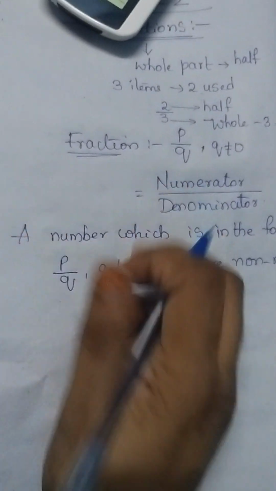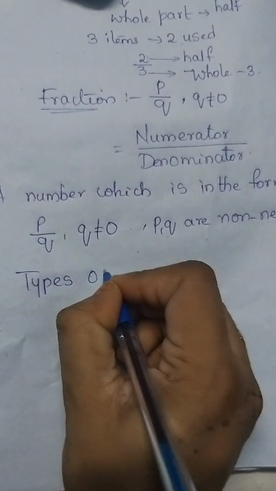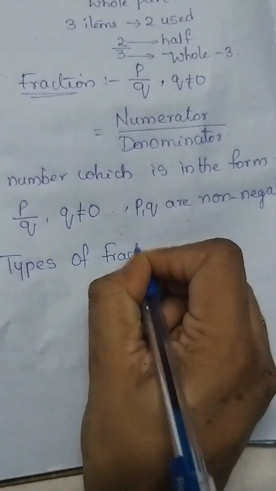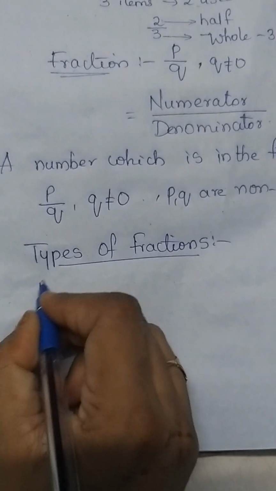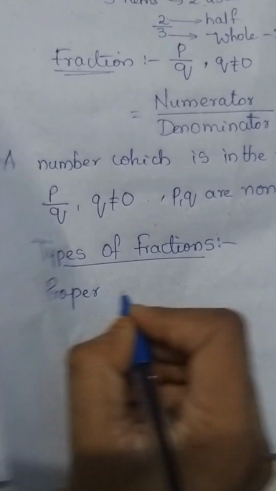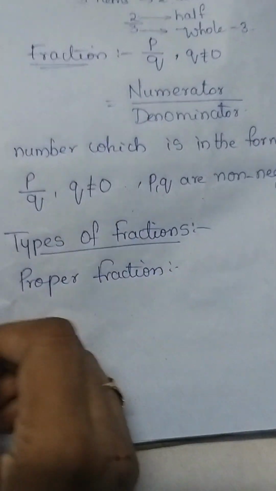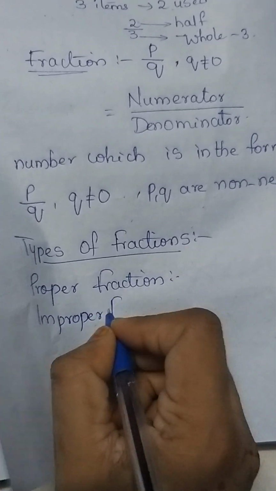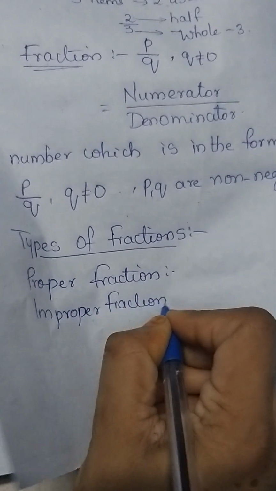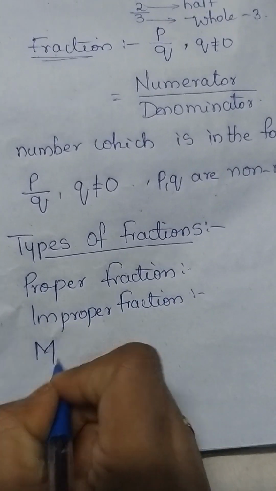What are the types of fractions? We have mainly 3 types of fractions. They are proper fraction, improper fraction, and mixed fraction.